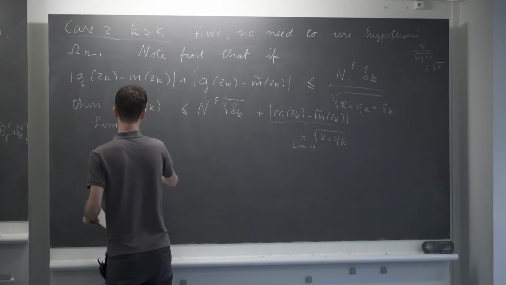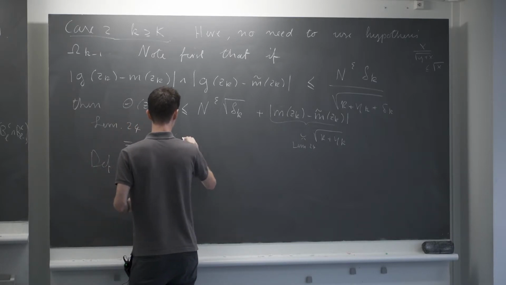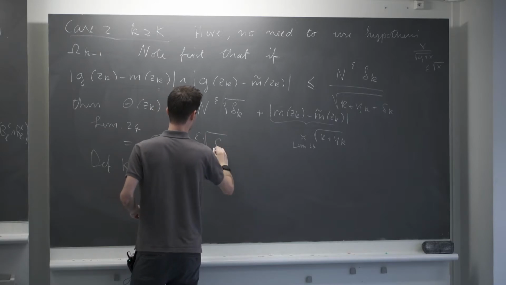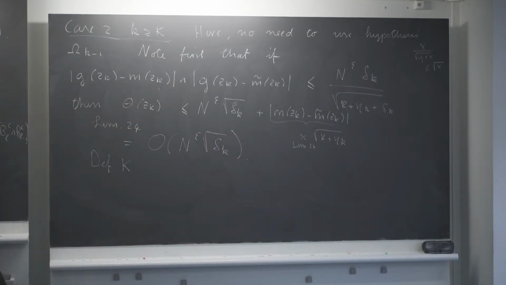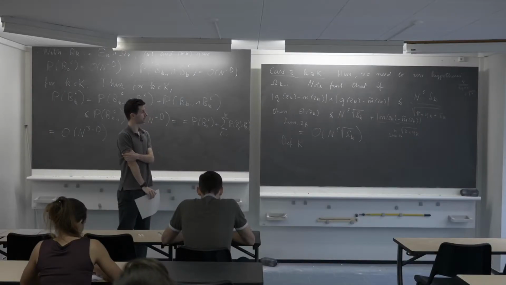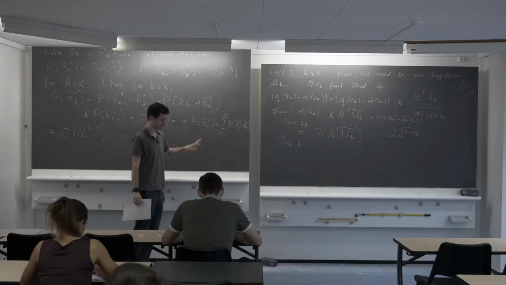So this is order n to the epsilon times square root of delta k. Okay, so this was again now the precise version of the philosophy.